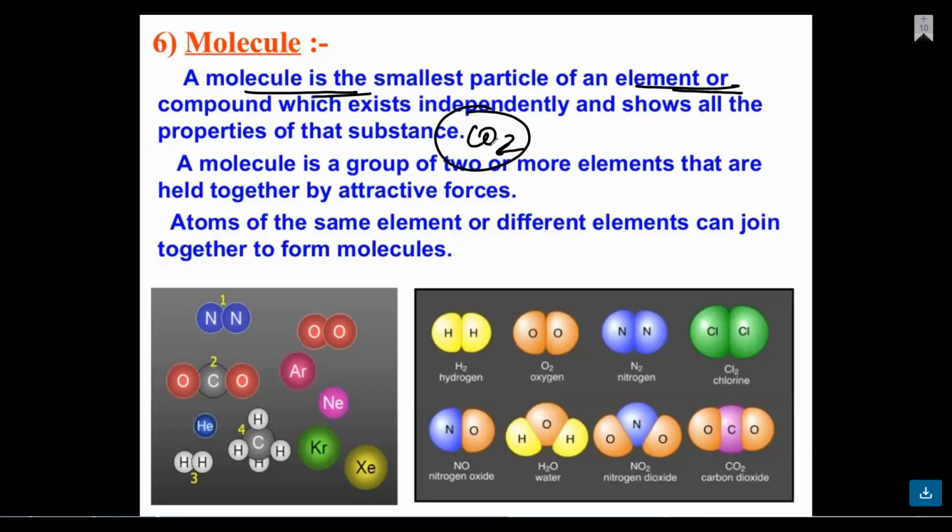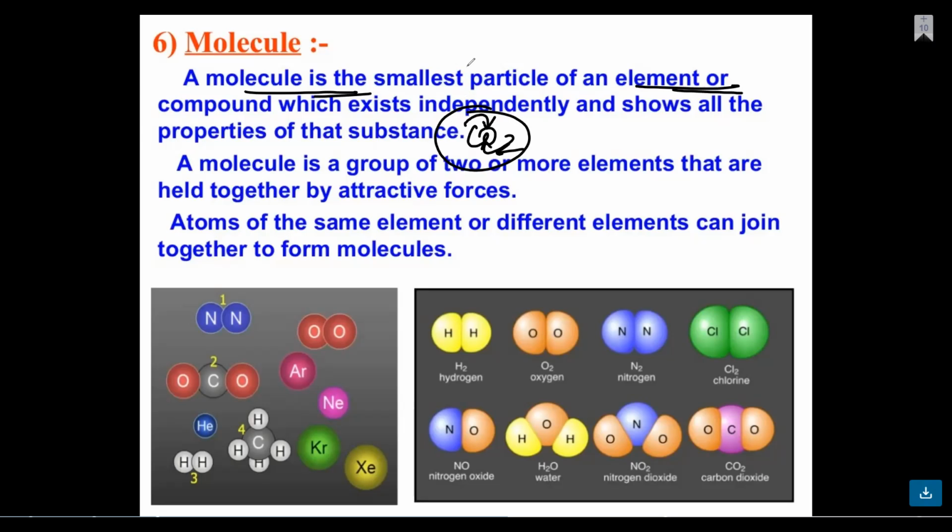So these are two elements. It can be an element or a compound which exists independently and also expresses the properties of the substance. For example, carbon properties and oxygen properties can also be exhibited in carbon dioxide, so it's like a combination.